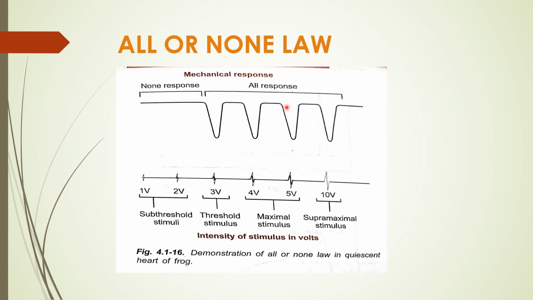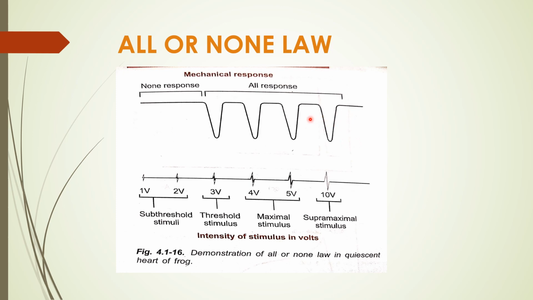This is because of the syncytial arrangement of cardiac muscle fibers. Therefore, the all or none law in the heart is applicable to the whole functional syncytial unit, that is, the entire atria or the entire ventricle. Whereas in skeletal muscle, it is applicable only to a single muscle fiber.